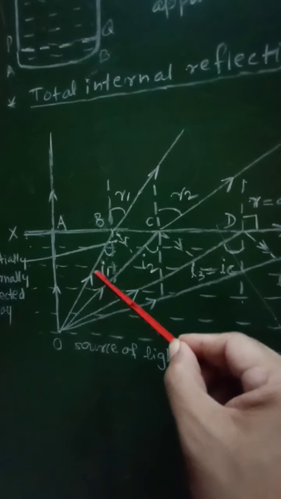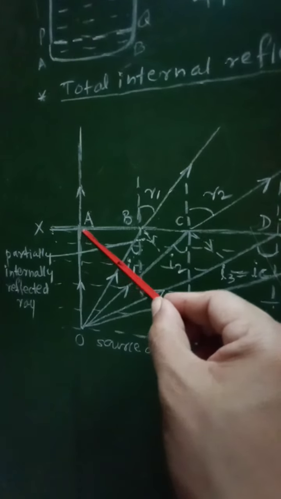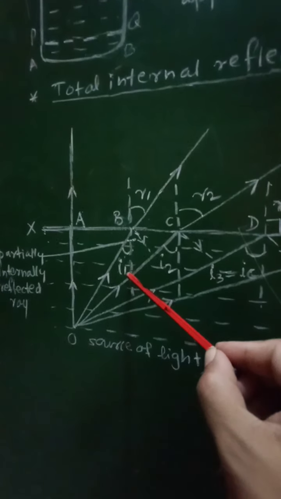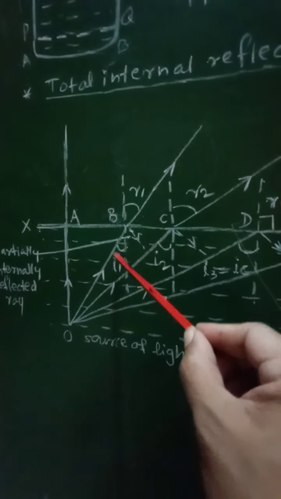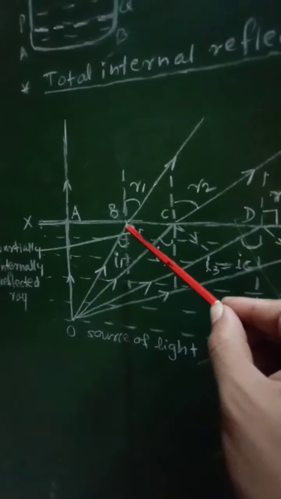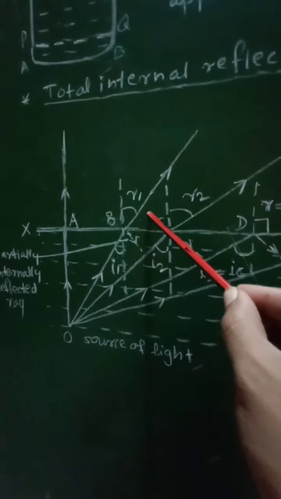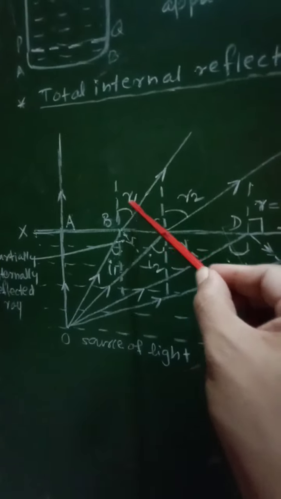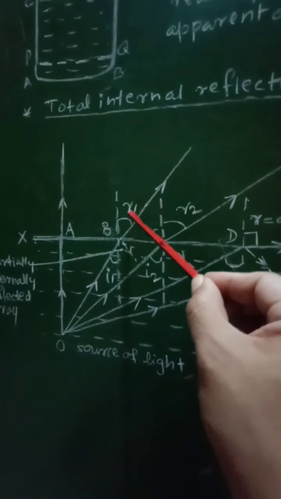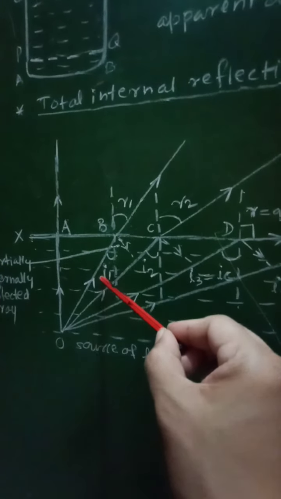In the previous case, the angle of incidence and angle of refraction were both equal to 0, but now it is slightly increased, and that is I1. After refraction, the refracted ray will bend away from the normal, and the angle between the normal and the refracted ray is the angle of refraction R1. Here R1 will be greater than I1.